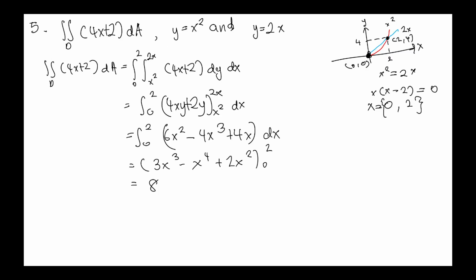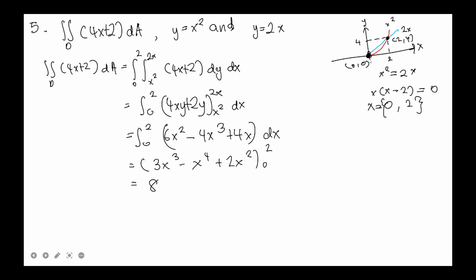Question 5 is about Green's theorem. We consider the parabola y equals x squared and the straight line y equals 2x. From the right side of the slide we have the graph. We have to find the intersection, so we equate both of these, and we get x equals 0 and 2.